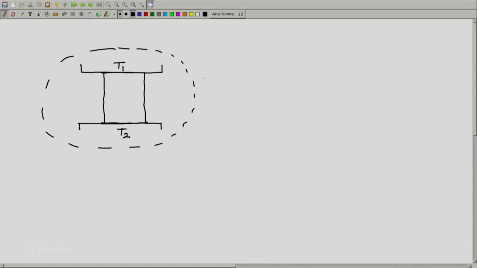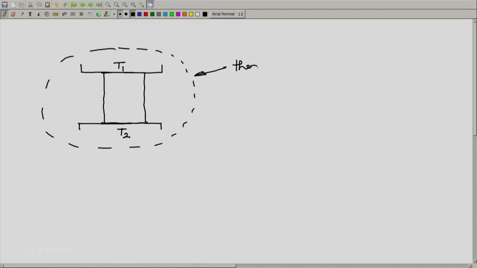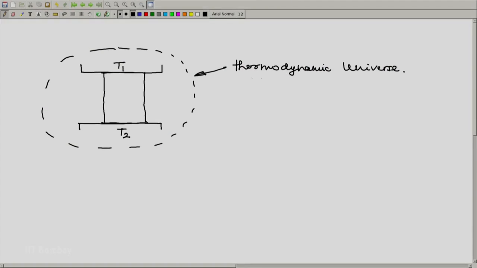And if we consider these together, then we can model this, asserting that there is no interaction between any of the reservoirs and any extraneous system, that this is our thermodynamic universe. And because it is our thermodynamic universe, we can say that it being an adiabatic system, S dot p for this will be our entropy produced, or entropy being produced, in the universe.